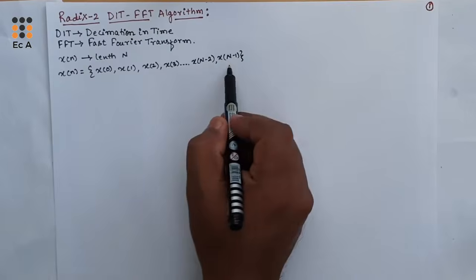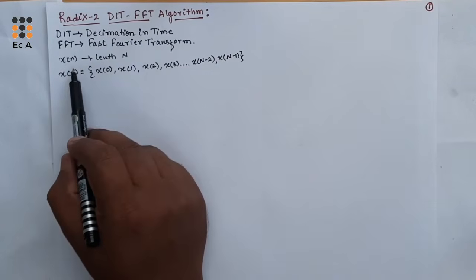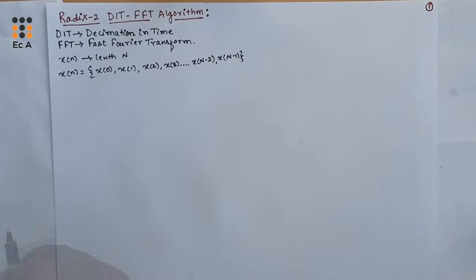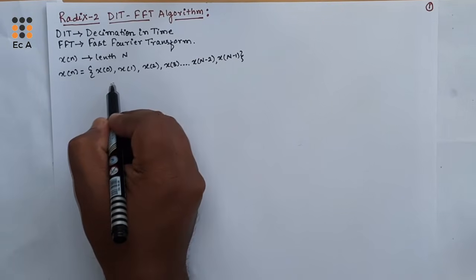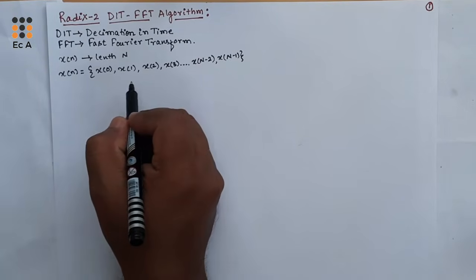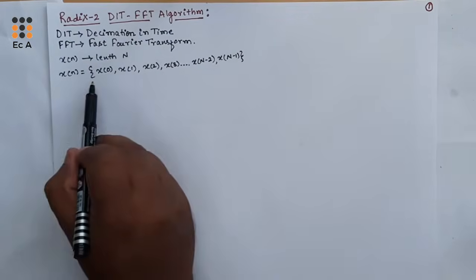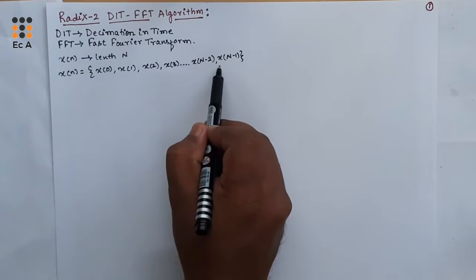So, these are the samples of the N-point sequence x of n. Now, let us decimate this x of n into two sequences of length N by 2. So, this is the sequence of length N.